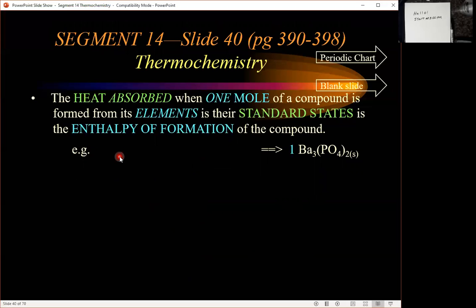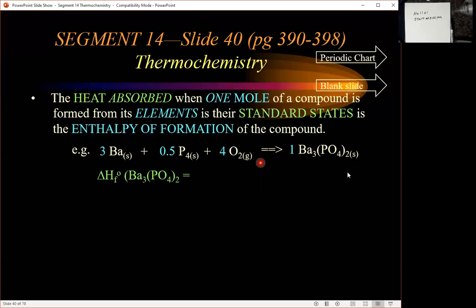Now let's look at a reaction involving formation of barium phosphate. Barium phosphate is a solid at room temperature. If I think about the enthalpy for forming this barium phosphate from its elements in their reference state, final minus initial is 0.